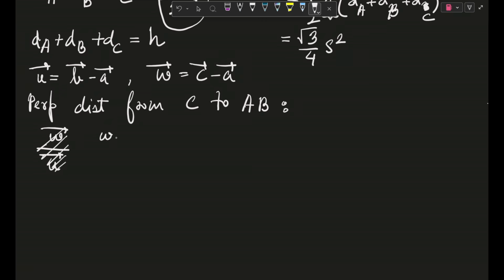Treat it as a fraction of the complex numbers themselves. w by u, consider these are two complex numbers. So I can write this as w u-bar by mod u squared. No harm, I hope. w by u is equal to w u-bar by mod u squared.